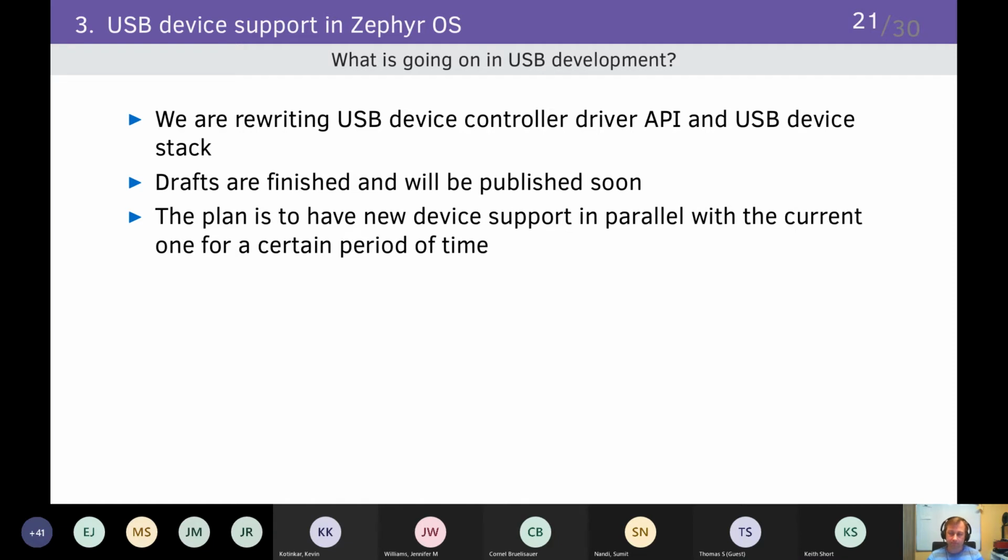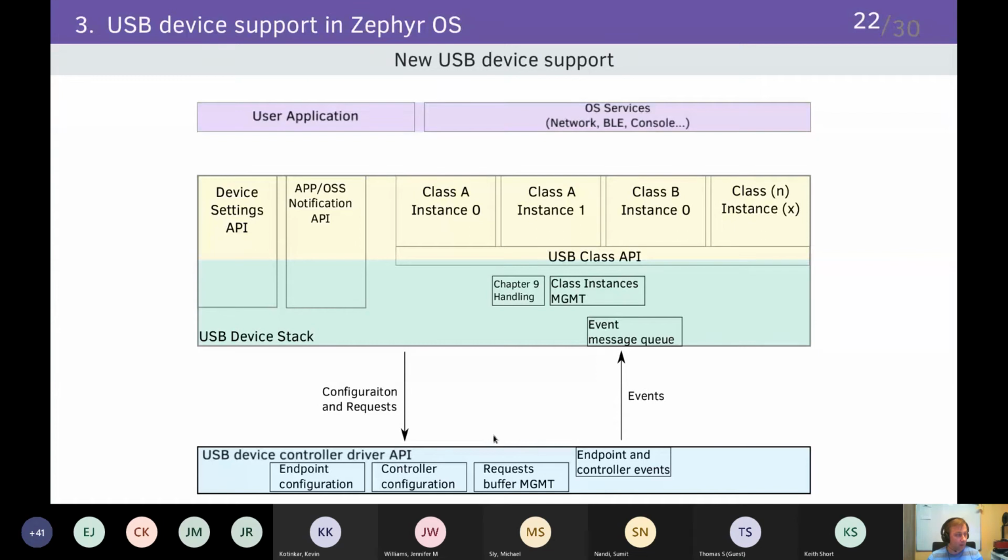My current state is that I have a new device controller driver API working with the Nordic USB controller. I can dynamically add and remove class instances for the loopback class that we use for test USB, with the test USB tool from the Linux kernel.